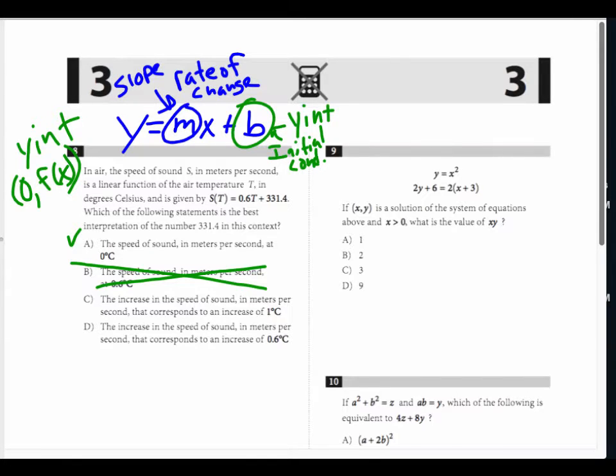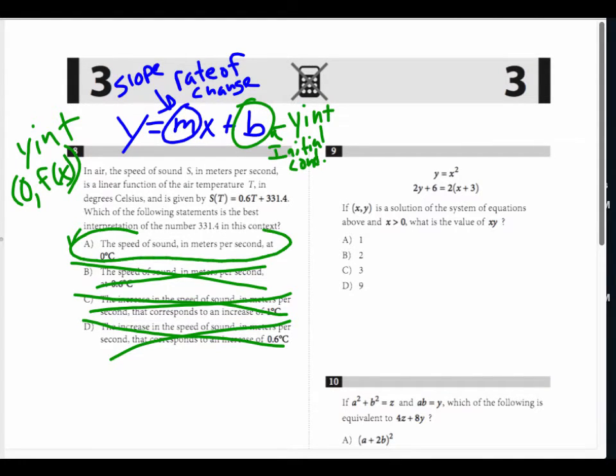The increase, option C, the increase in speed of sound in meters per second that corresponds to an increase of 1 degree. No, that won't work. The increase in speed in meters per second that corresponds to 0.6 degrees Celsius. No, that doesn't work.